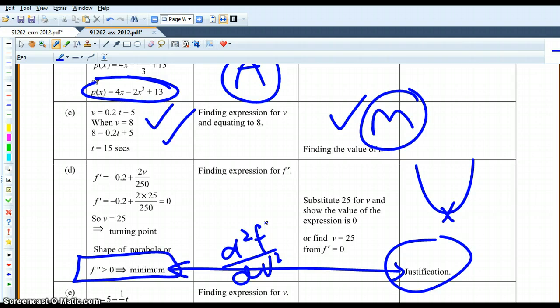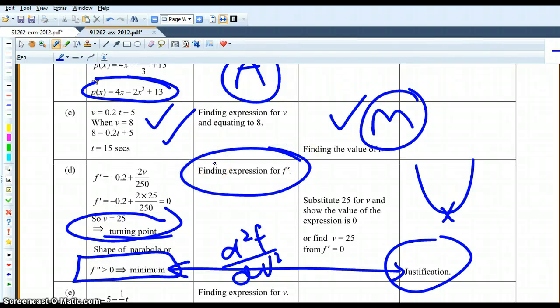Okay, the double derivative, and maybe the words turning point. The shape of the parabola could have done too. You could have just talked about shape. Now, for Achieved, all you had to do was differentiate, so this bit here was enough to achieve. For Excellence, you just have to put a few extra words there, really. Sweet.